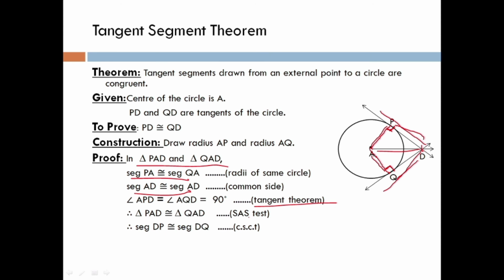Now since both these triangles are congruent to each other, we can say that segment DP is congruent to segment DQ by congruent sides of congruent triangles, right? This is the full form, CSCT. So this is what we had to prove, and we have proved it.